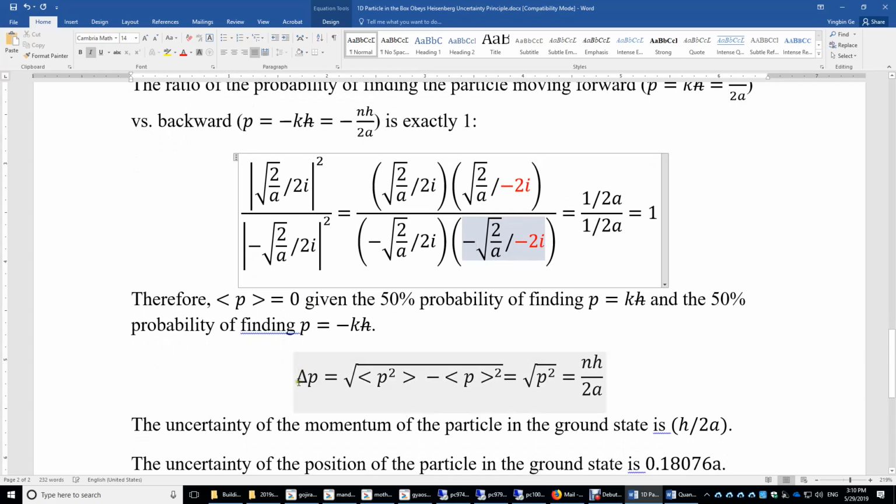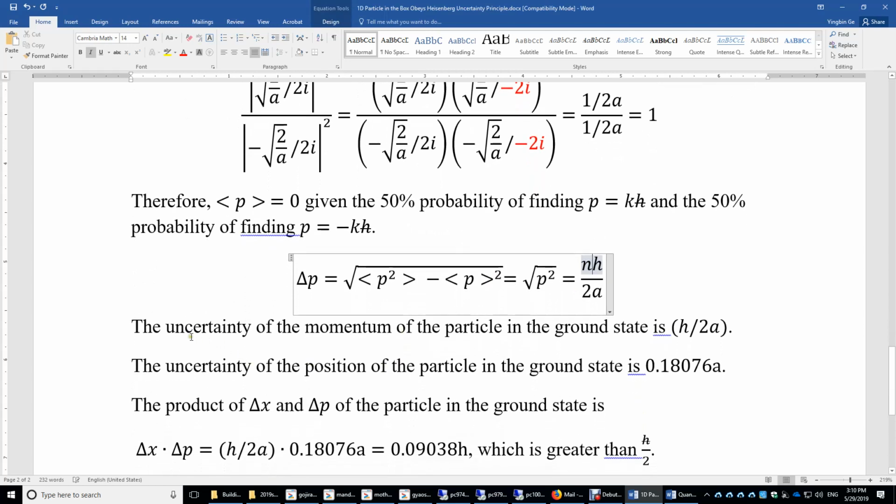And then we can compute the uncertainty of the momentum using this equation again, and the average momentum is 0. Therefore, we have simply the square root of p squared here, which is n h over 2a. And this is very general for n equals 1, 2, 3, and so on. For the ground state, n equals 1. Therefore, for the ground state, the uncertainty of the momentum is h over 2a.